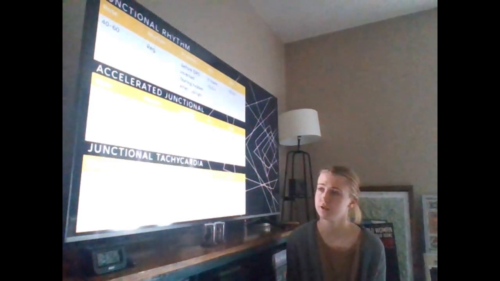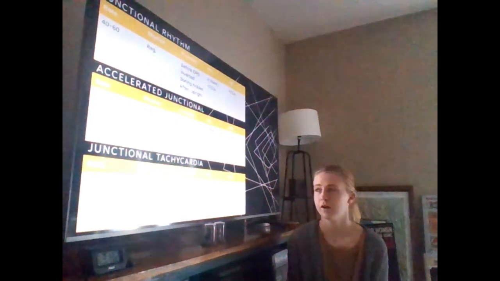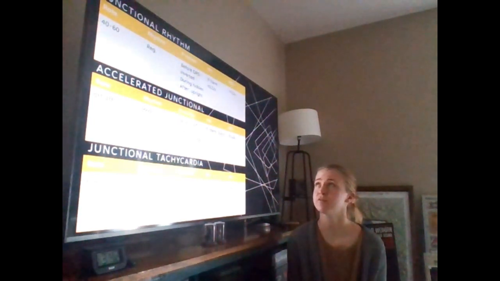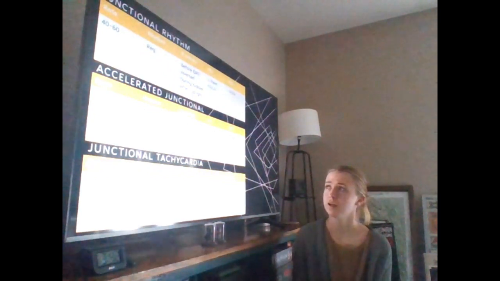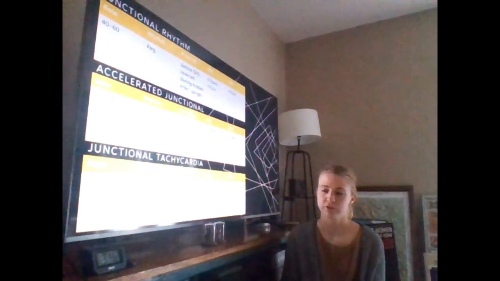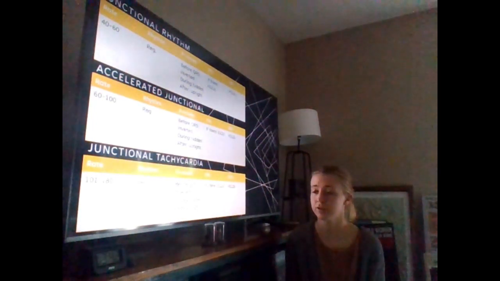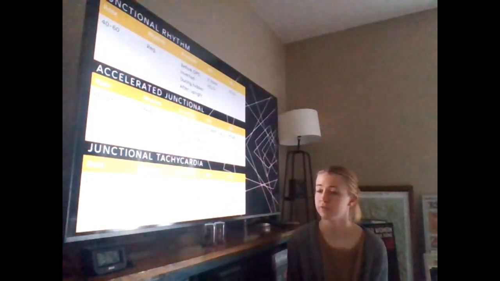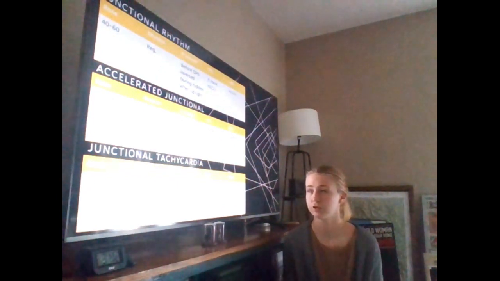And you'll see the rate anywhere between 101 and 180. And again, the P waves are the same for all of these. If they're before the QRS, they're going to be inverted, which just means they'll have a negative deflection instead of a positive deflection. They could be hidden inside of the QRS complex, and if they're seen after the QRS, they'll be a positive deflection or upright.